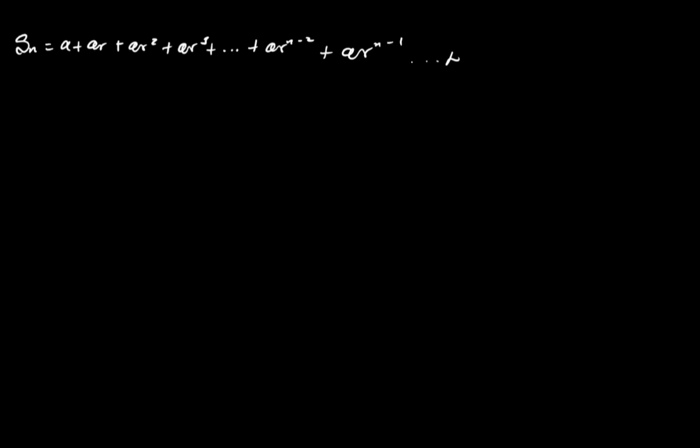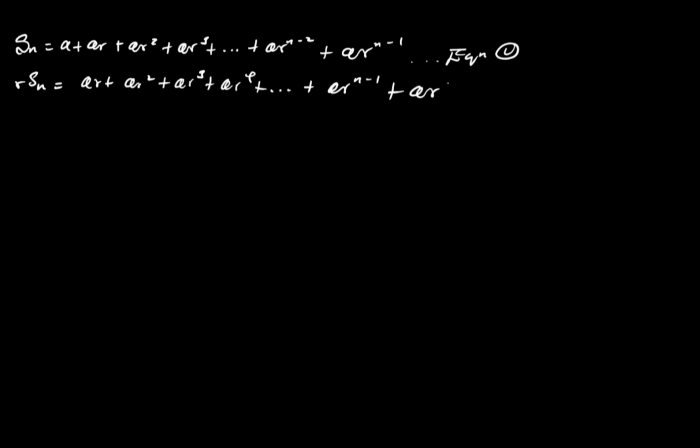This is equation 1. Then equation 2 is r S sub n being equal to ar plus ar squared plus ar cubed plus ar to the 4th plus dot dot dot plus ar to the n minus 1 plus ar to the n. This is equation number 2.